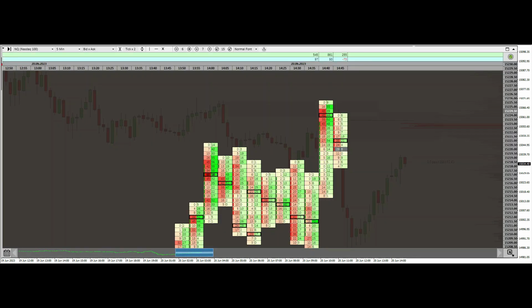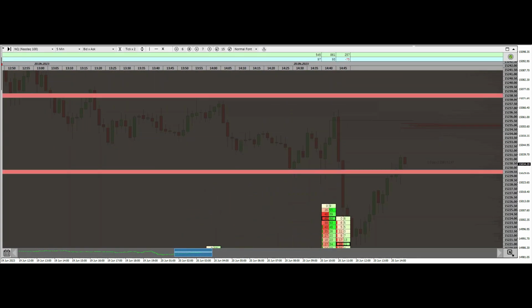I have also mapped out these levels right here on the footprint chart, and I really am gonna keep an eye on the delta numbers and the volume numbers. When price hits this level, I would like to see sellers appearing on the ask side.